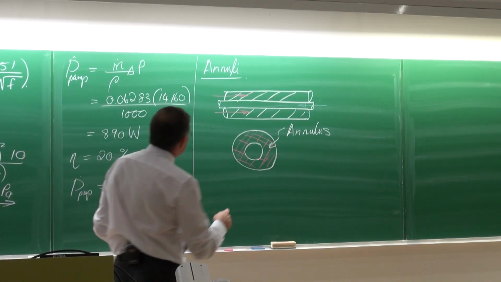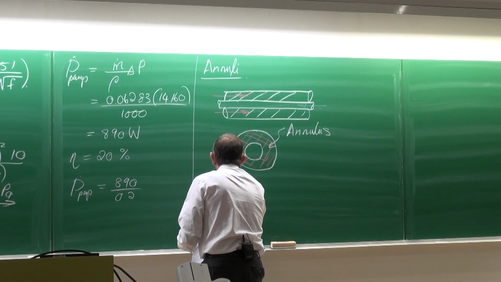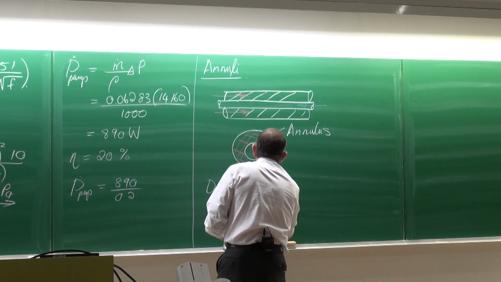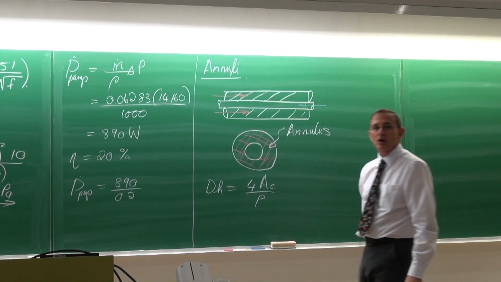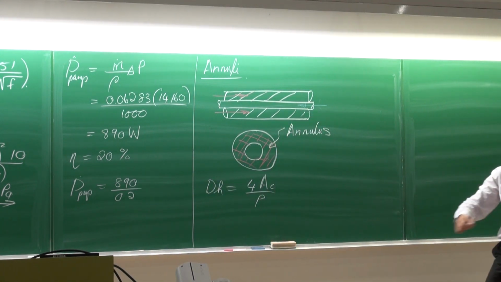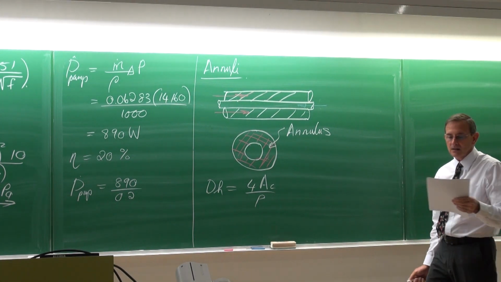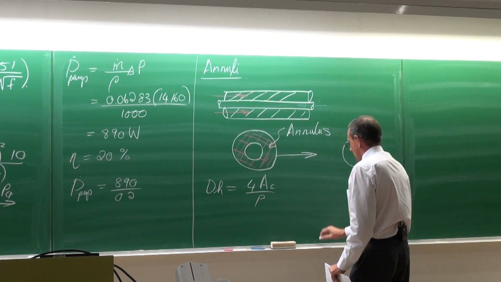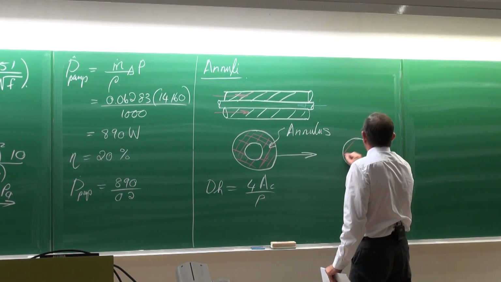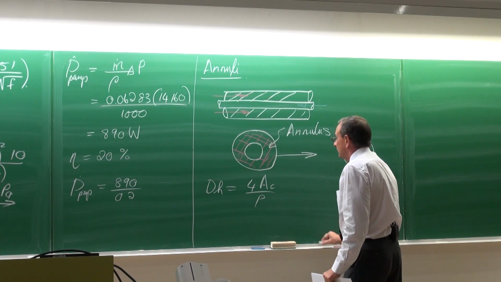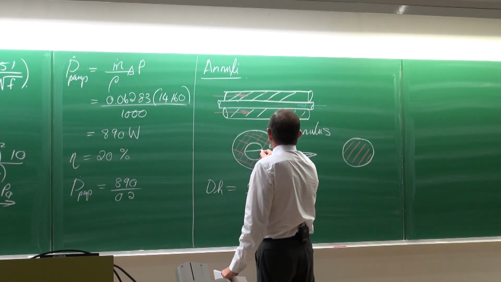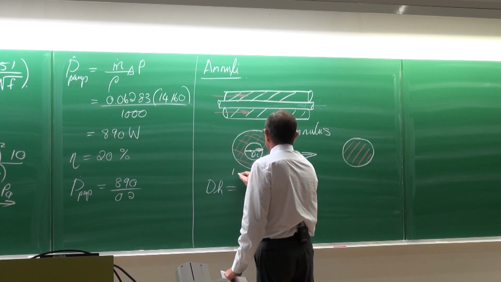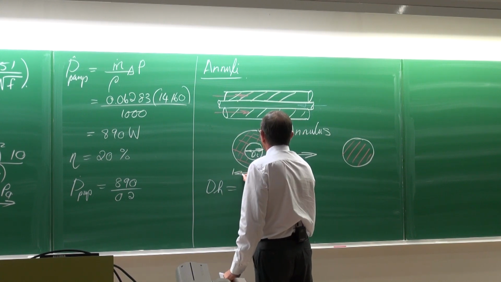Now, what do we do when we get an annulus? Well, one of the first things that we can do is take this annulus and make use of the hydraulic diameter principle, 4 times the cross-sectional area divided by the wetted perimeter. And then we treat this as if it is a tube like this. Previously, that is the inner diameter, and that is the outer diameter.